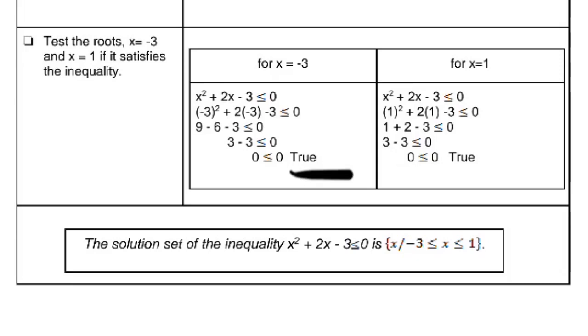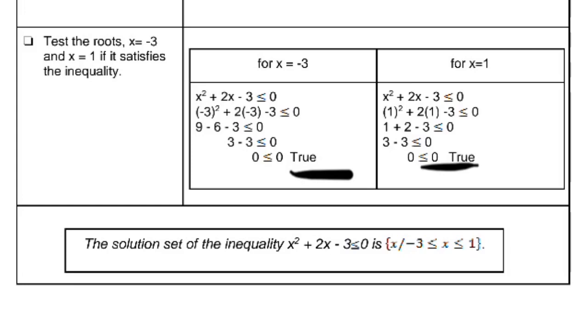And for x equals 1, we can also have 0 equals 0, which is also true. So the solution set of the inequality x squared plus 2x minus 3 lesser than or equal to 0 is x, such that x is greater than or equal to negative 3, but lesser than or equal to 1.